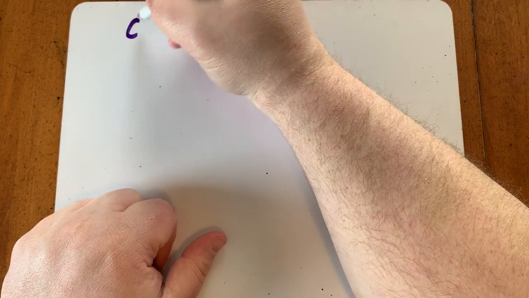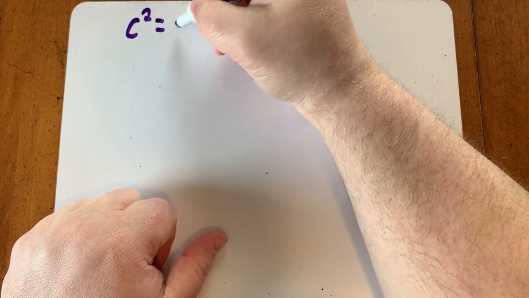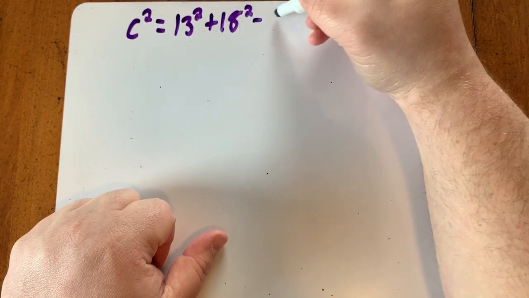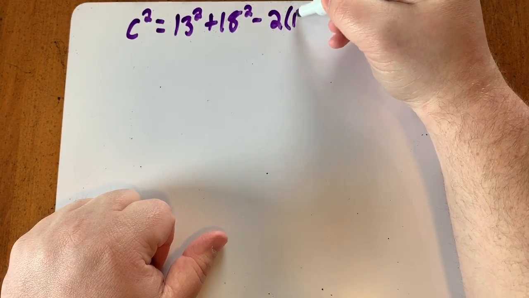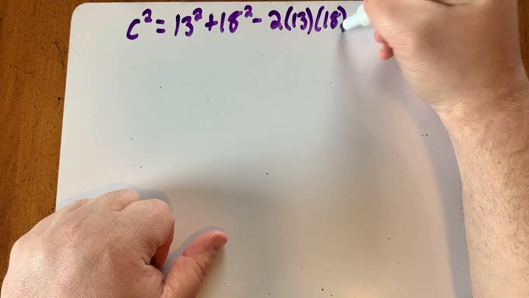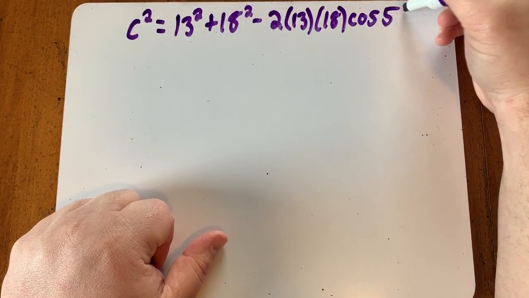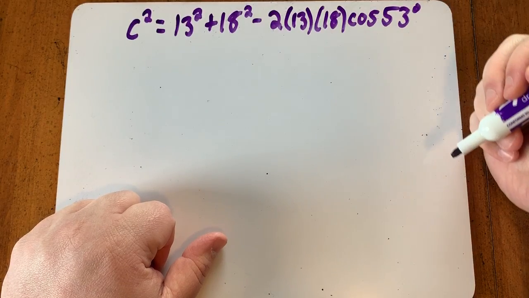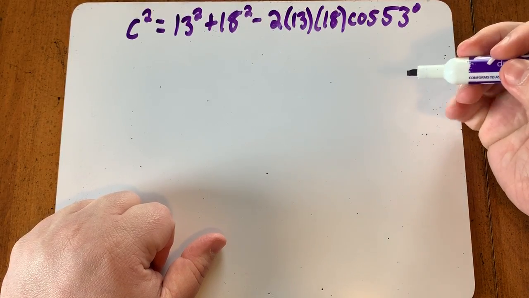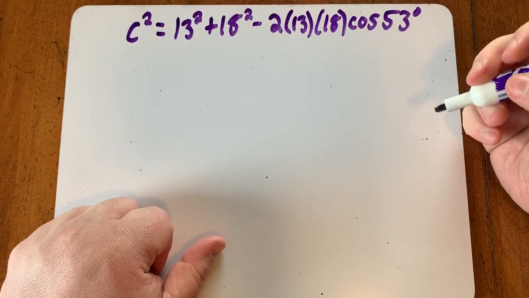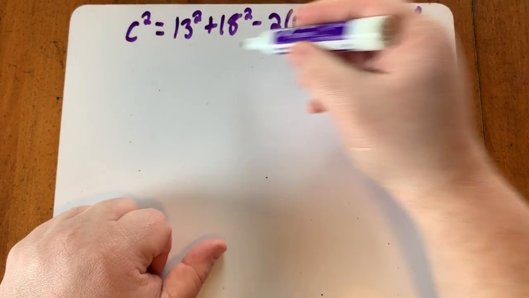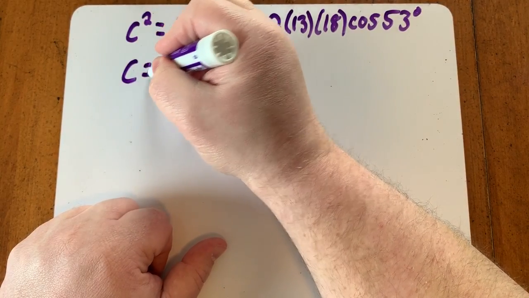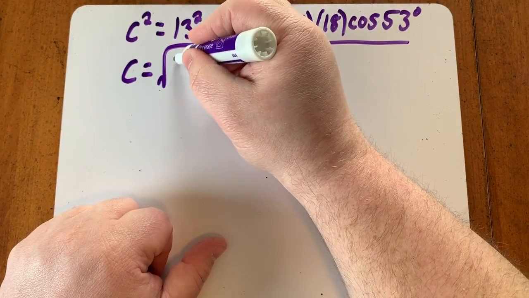So we're looking for c. C squared equals a squared plus b squared minus 2ab cosine of C. So side A was 13, B was 18, and angle C was 53. Now, if you are confident in your calculator skills, this is very easy to do, because the only thing to get C by itself is to take the square root.